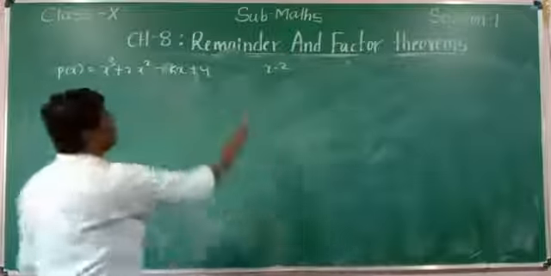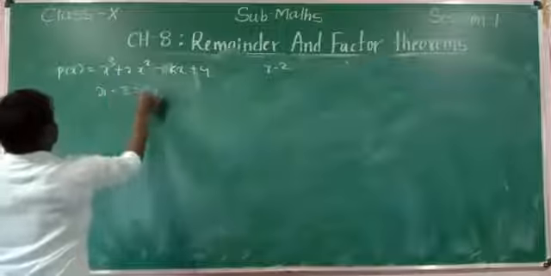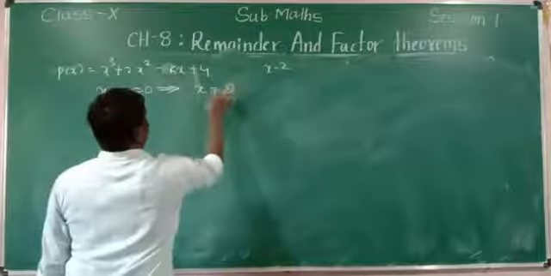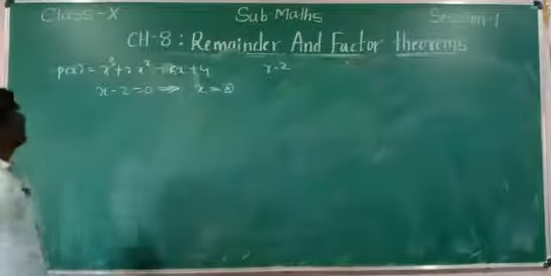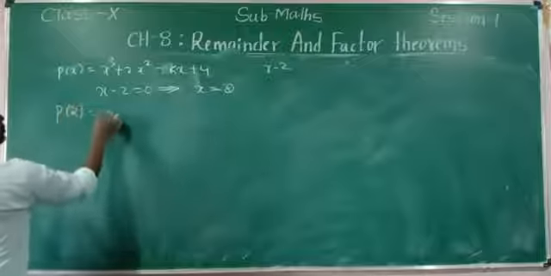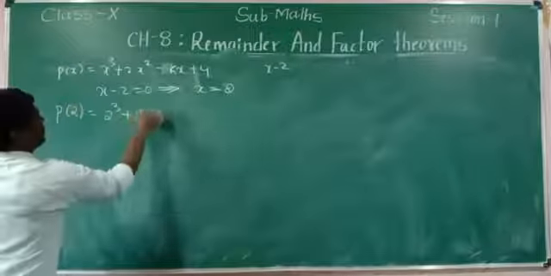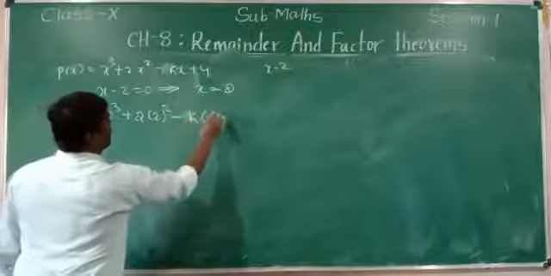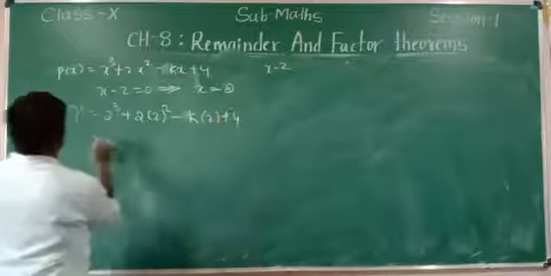Okay, so x minus 2 is equal to 0. If x minus 2 is equal to 0 means then x is equal to plus 2, right? So substitute the x value in the given expression. P of 2 is equal to 2 cube plus 2 into 2 square minus k into 2 plus 4.